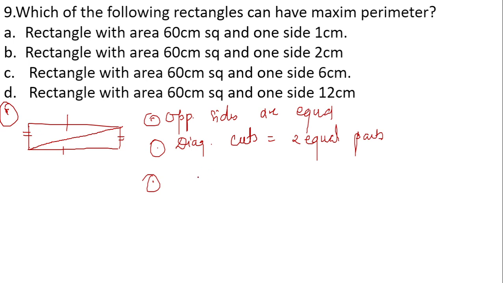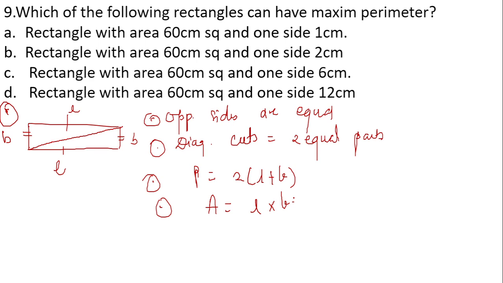We'll talk about the perimeter first. We know the opposite sides are equal. So the perimeter, as we have already discussed, is twice of length plus breadth, and the area of the rectangle is equal to length into breadth.